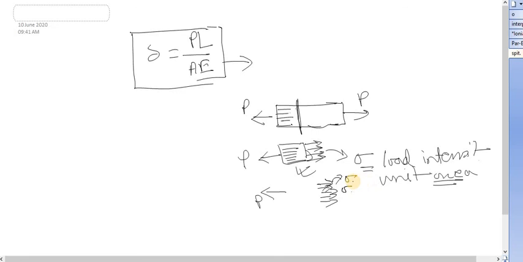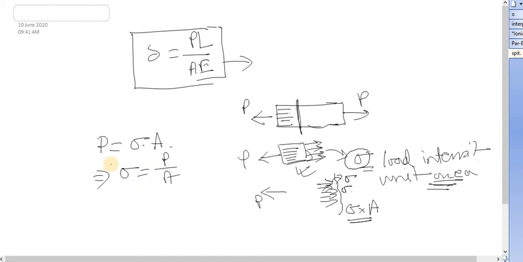For the entire cross section, what is the total load? You know that sigma is the load per unit area. So for the entire cross section, the total load is nothing but sigma multiplied with your cross sectional area. So from here you get that external load P is nothing but this load intensity into cross sectional area, or you can say sigma is equal to P by A.